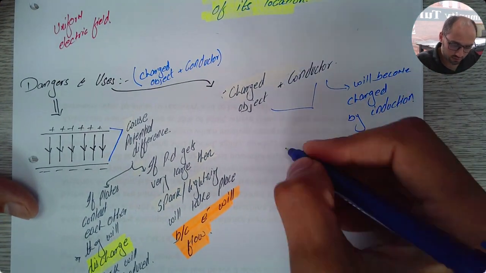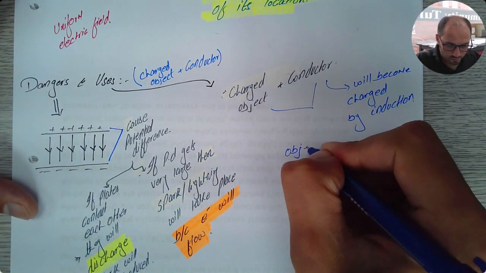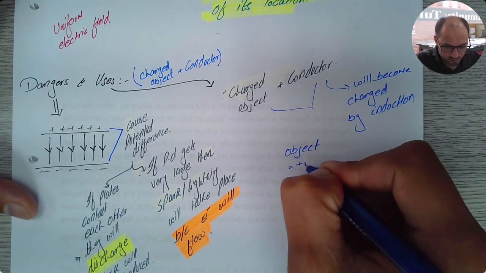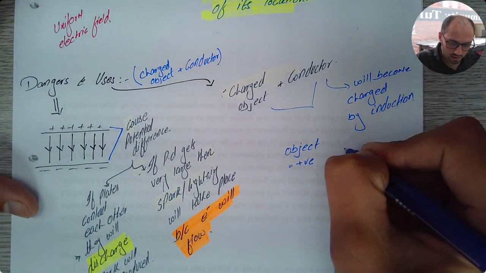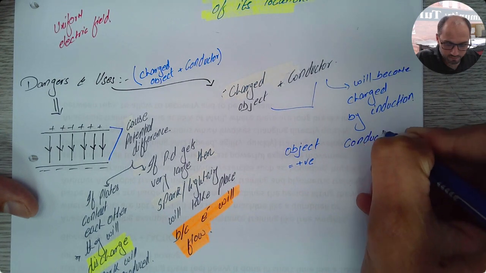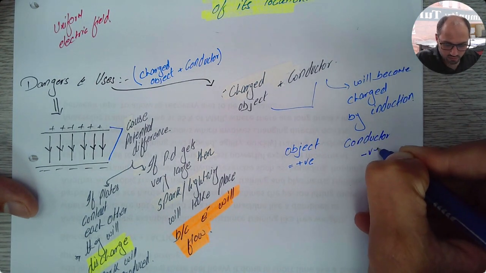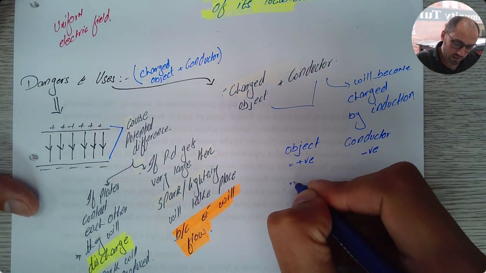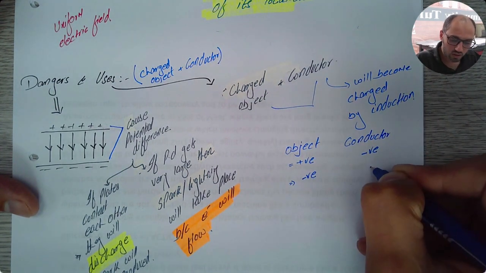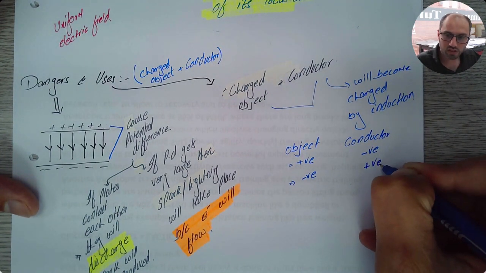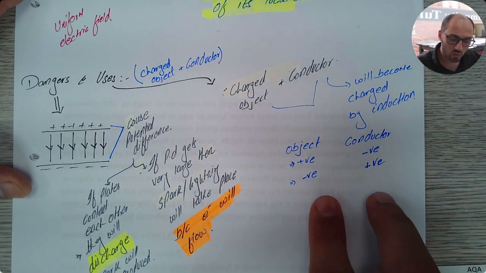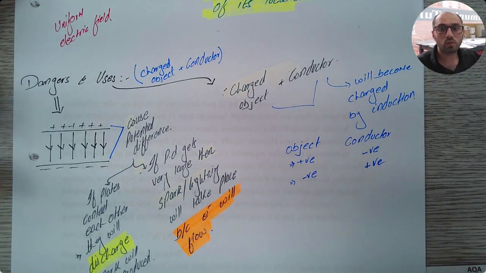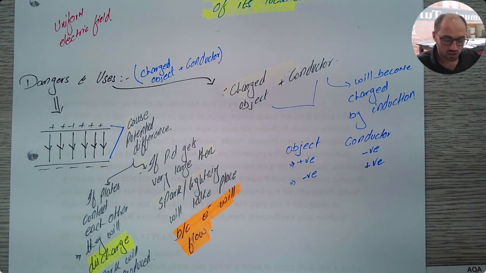So I can say if object is positively charged, then the conductor will gain negative charge. If the object is negatively charged, then the conductor will gain positive charge. And we know once you have opposite charges, then they will always attract each other.